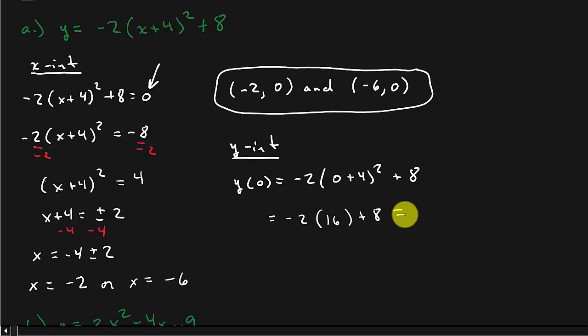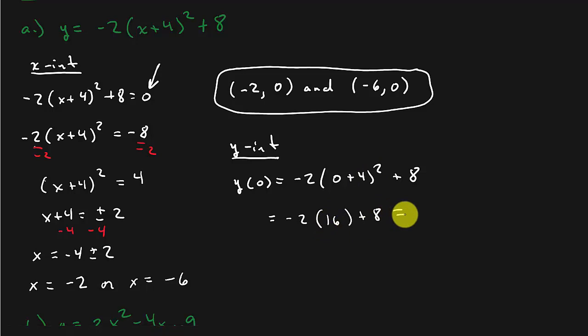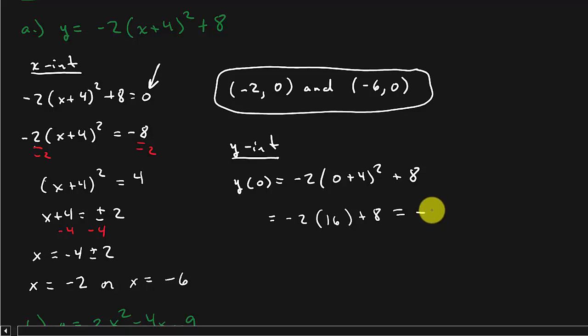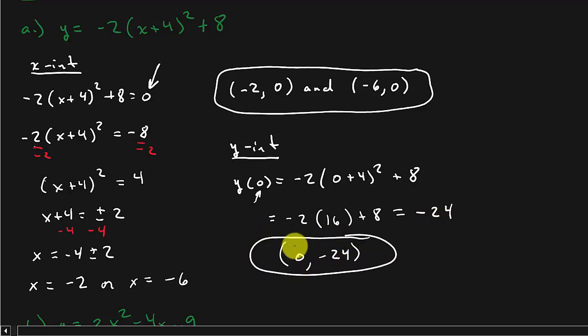And that is going to give us, let's see, negative 2 times 16 plus 8 is negative 24. And so the y-intercept, where it crosses the y-axis, well, remember, x is 0, and we got a y value of negative 24. And so there's your y-intercept. All right.